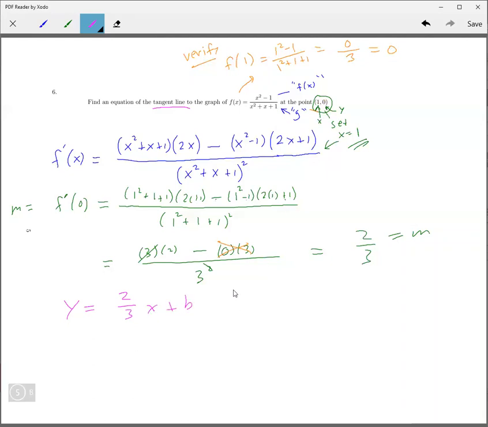And then we plug in the point 1, 0. So that means you plug in a 1 for x and a 0 for y. Okay, so that becomes 0. And that becomes 1. So b is negative 2/3. And then just plug that b into here.